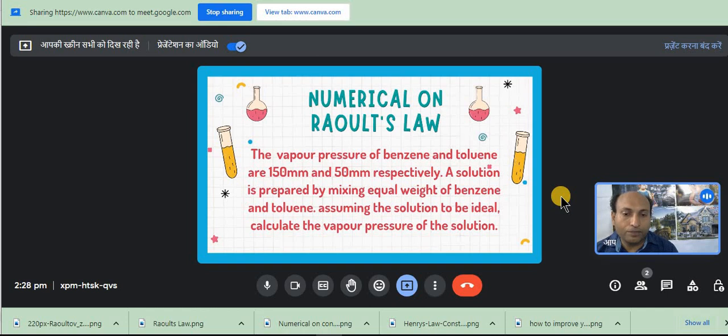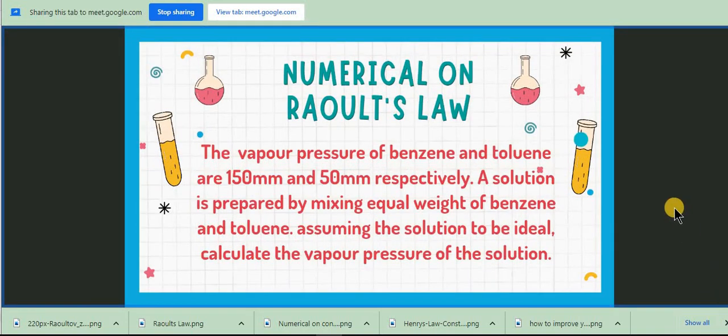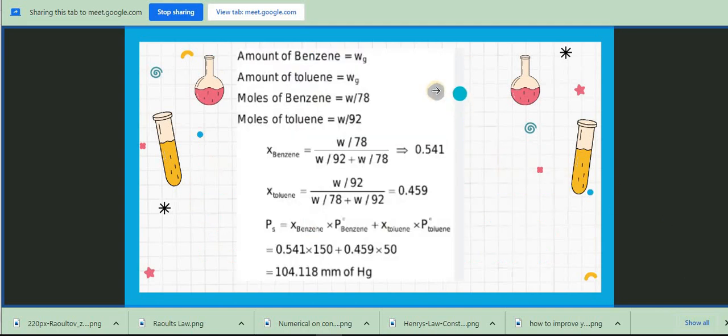We should be aware of the benzene and toluene formulas so that we can find the molecular mass. Benzene is C6H6 and toluene is C6H5CH3. First we calculate the molecular mass, then the moles, then the mole fraction, and the vapor pressures of benzene and toluene are given. First, W is the amount of benzene, supposing both are the same.